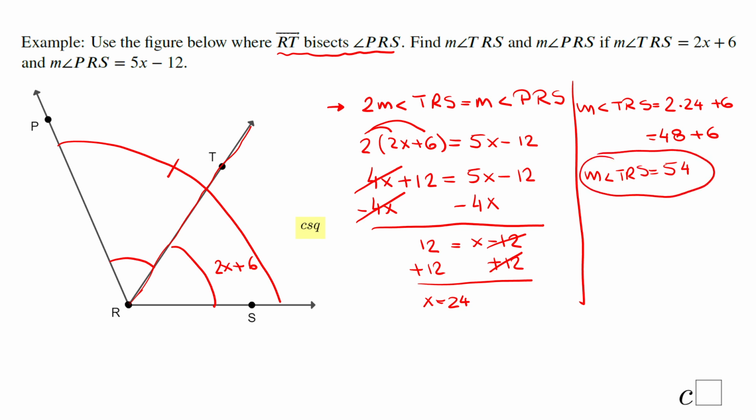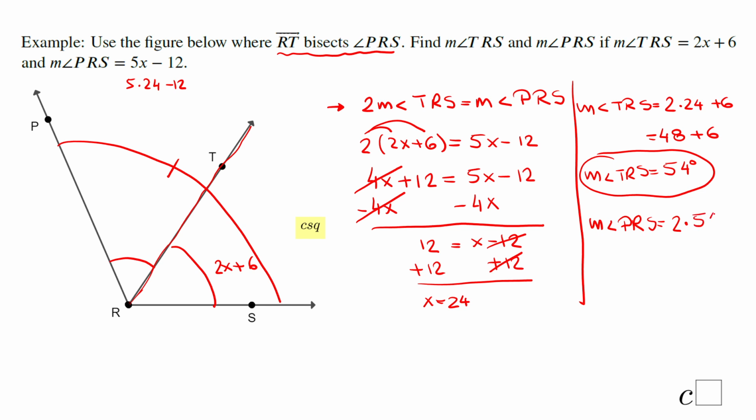What is the other angle we need to find out? PRS. So how much is going to be the measure of angle PRS? Okay, you have two choices. You can plug that 24 in this expression, 5 times 24 minus 12, or simply double the 54.